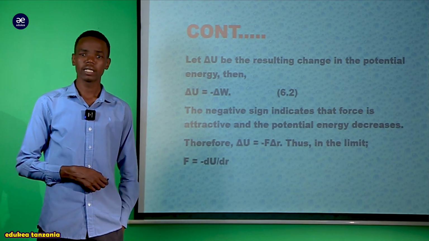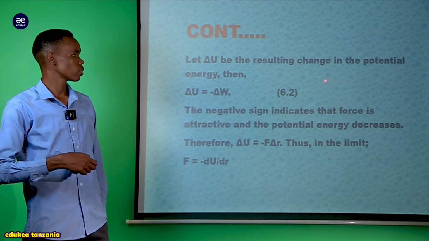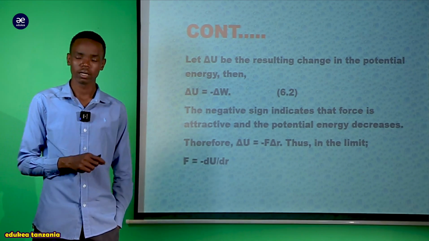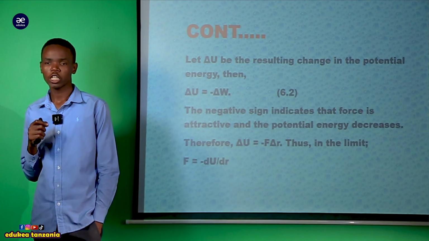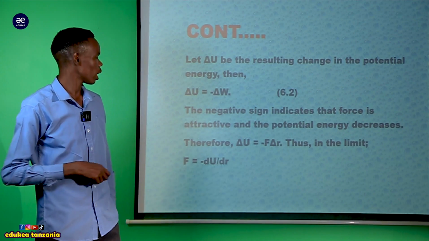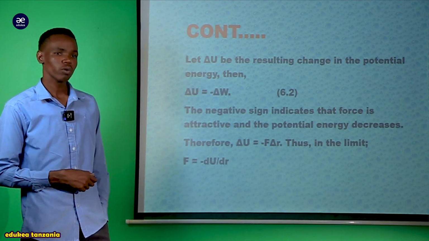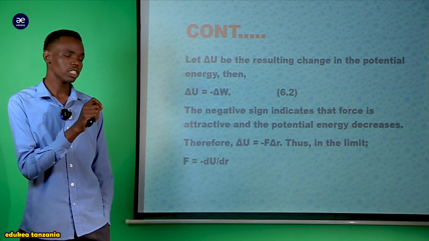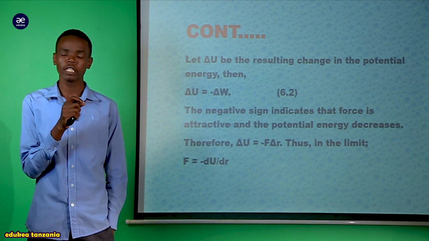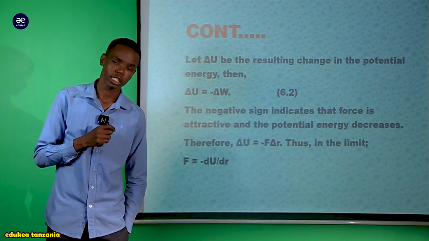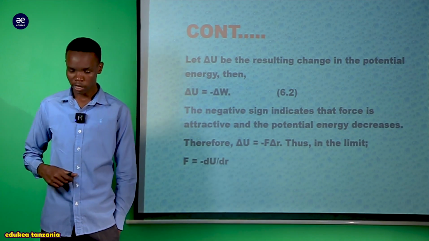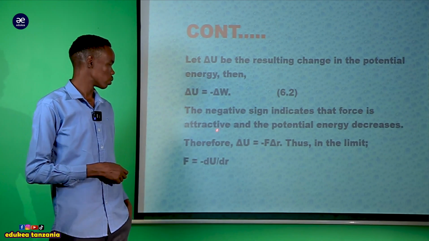Now let this U here be the potential energy, so the change of U means the change of the potential energy. We can say that the change of the potential energy must be equal to the negative of the work done, as we observe, my lovely students.